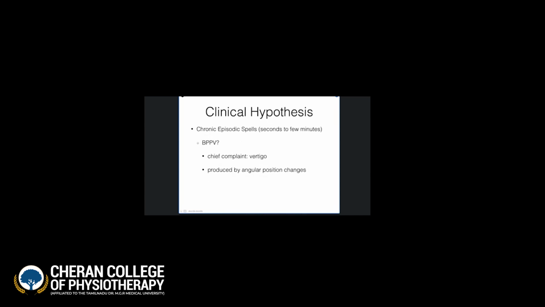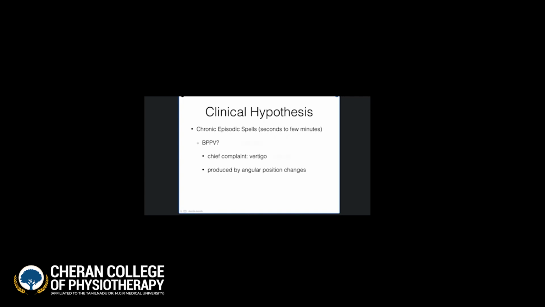Okay, now about BPPV: when BPPV comes, you get vertigo when there are angular position changes. Why does the name have the word angular? Whenever the angles of your vestibular system change, you will get BPPV.